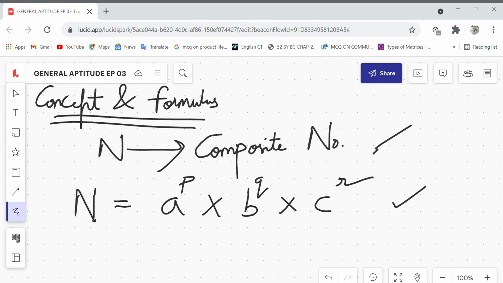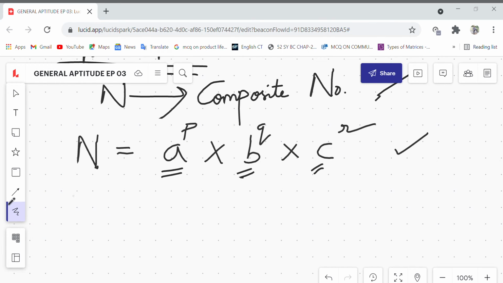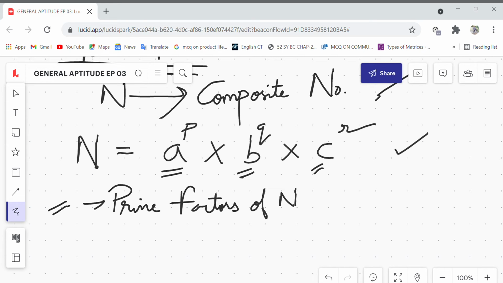First, let us know what these a, b and c is. a, b, c are prime factors of n.